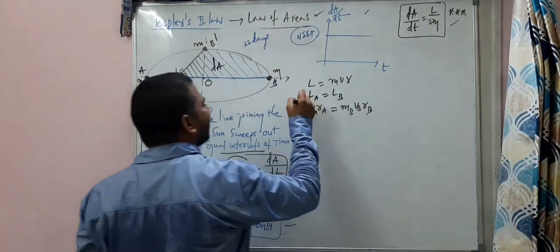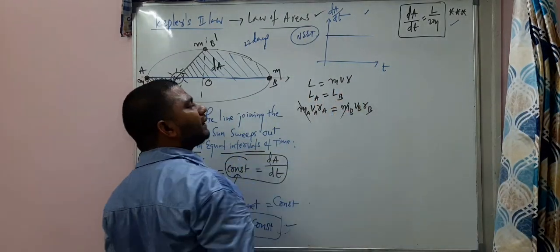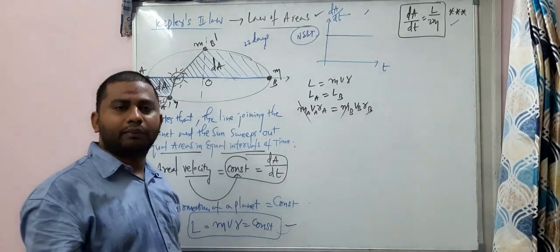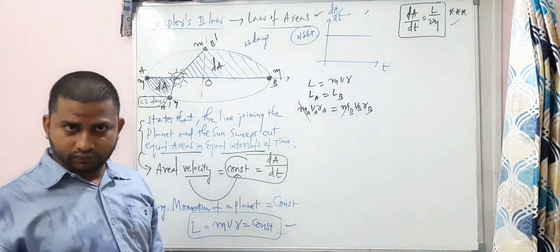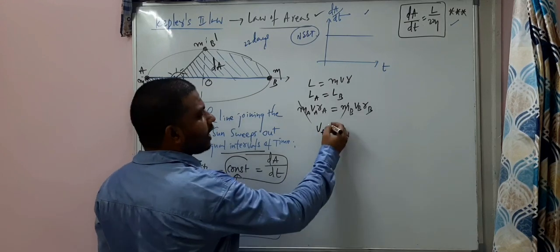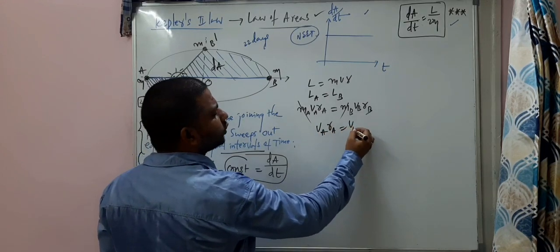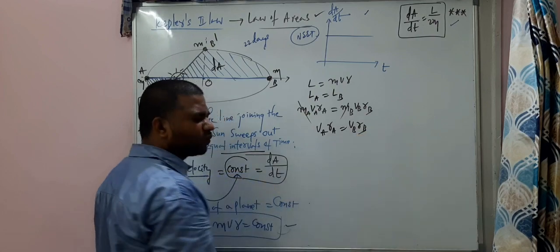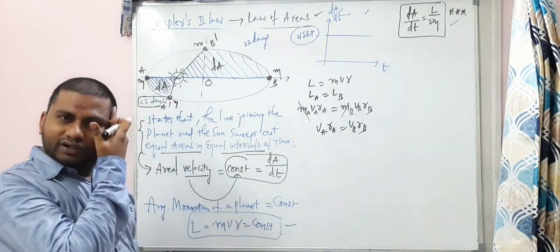So mass of the planet at point A and mass of the planet at point B is the same. Planet mass will never change. Now, VA RA is equal to VB RB. What does it mean?